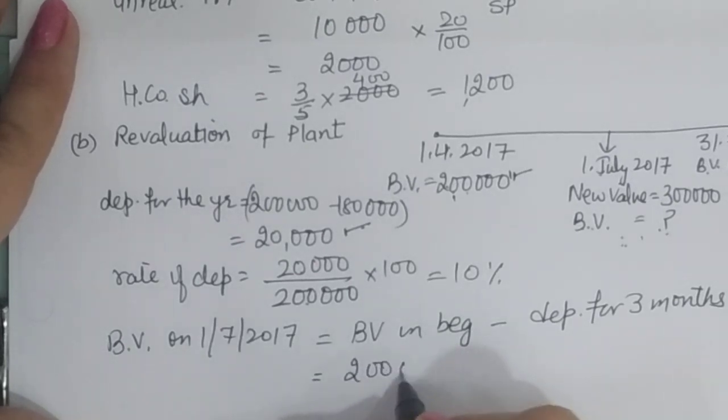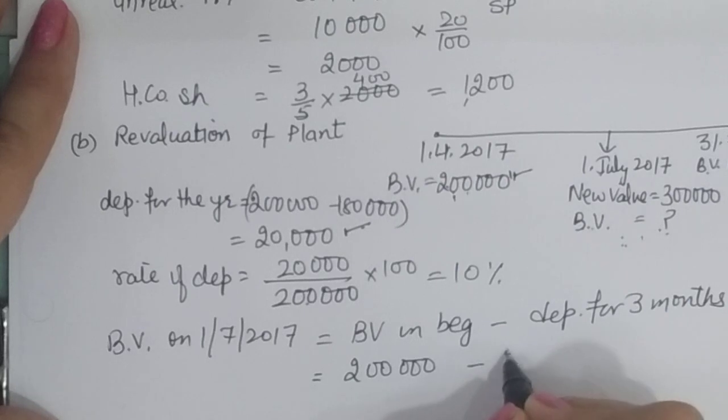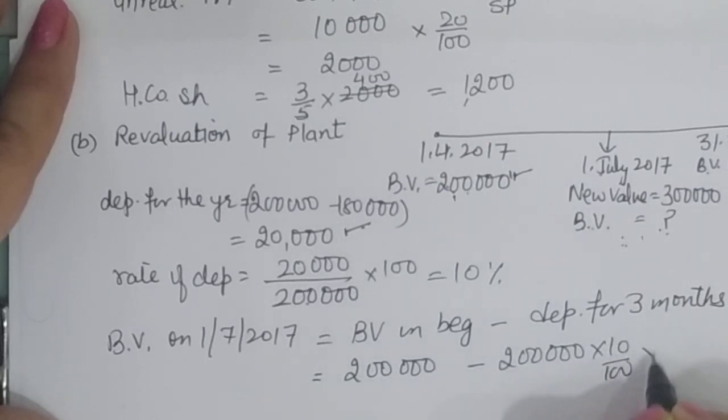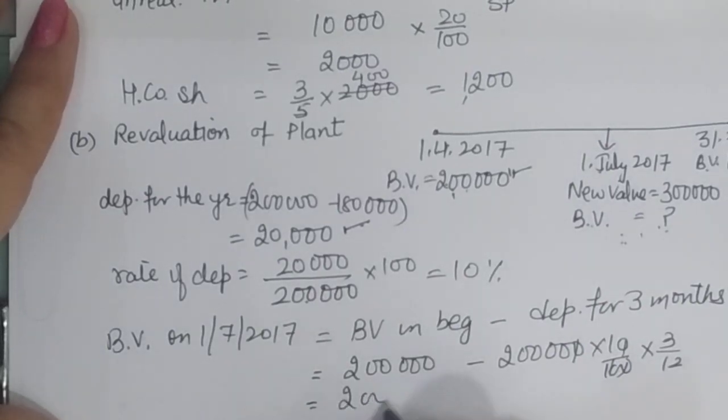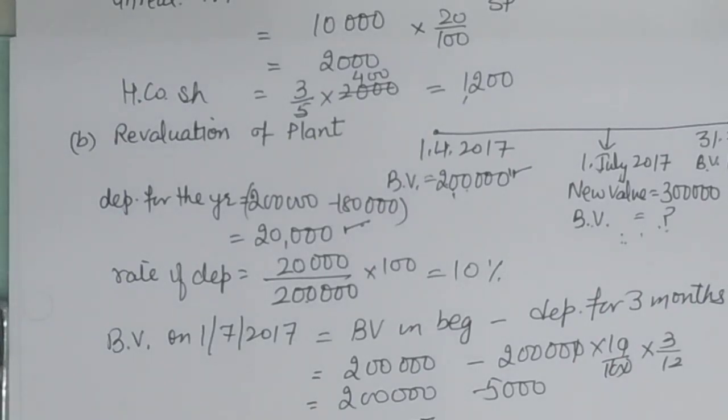So opening value is 2 lakh minus depreciation on this 2 lakh at the rate of 10% for 3 months. That gives you 5,000, which implies 1,95,000 is the book value at the time of valuation of the asset.